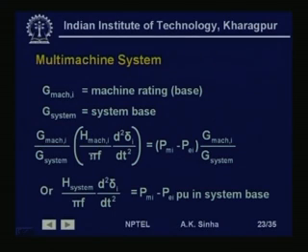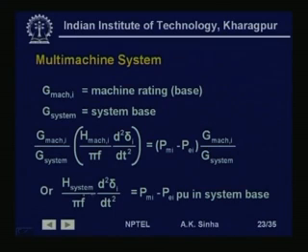So, we write the swing equation now in this form: (G machine i by G system) into (H machine i by πf) into d²δi/dt² is equal to Pm i minus PE i. Now, these powers also would initially be given in terms of machine ratings. So, here also we convert them to the system base in per unit. We multiply by G machine i, which converts it into MW, and we divide it by the system base, so then it is converted to the system base in per unit.